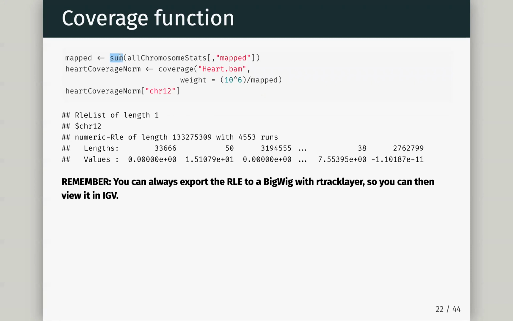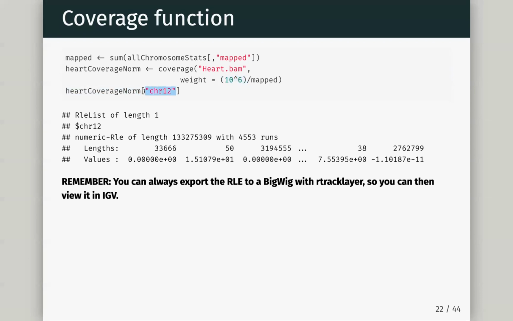Now we just need to apply that as a sensible weight. So we will do coverage, give it the BAM file, and then use 1 over the total number of mapped reads. In fact, here it's 1,000,000 over the total number of mapped reads. This is very equivalent to your reads per kilobase per million. It's just read depth per million reads at this point.